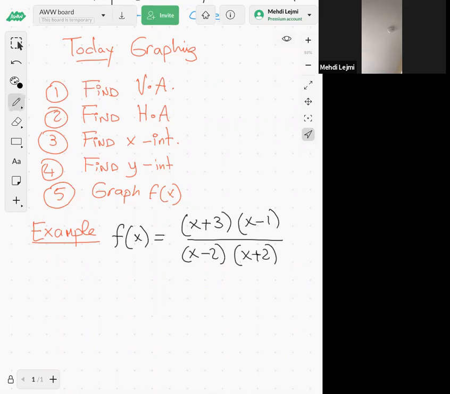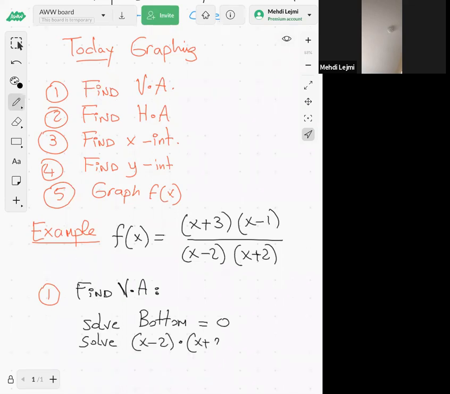So that's my rational function. It's a quotient of polynomials. Now, we have to find the vertical asymptote. So we said we have to solve the bottom equal to 0. So that would be (x minus 2) times (x plus 2) equal to 0.